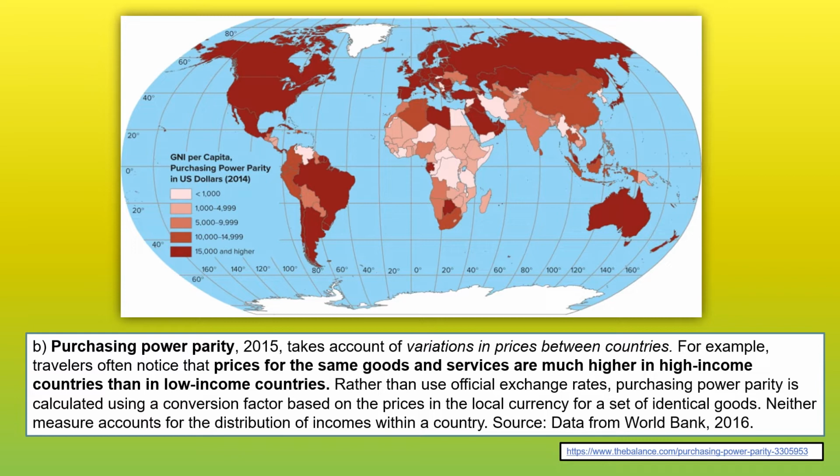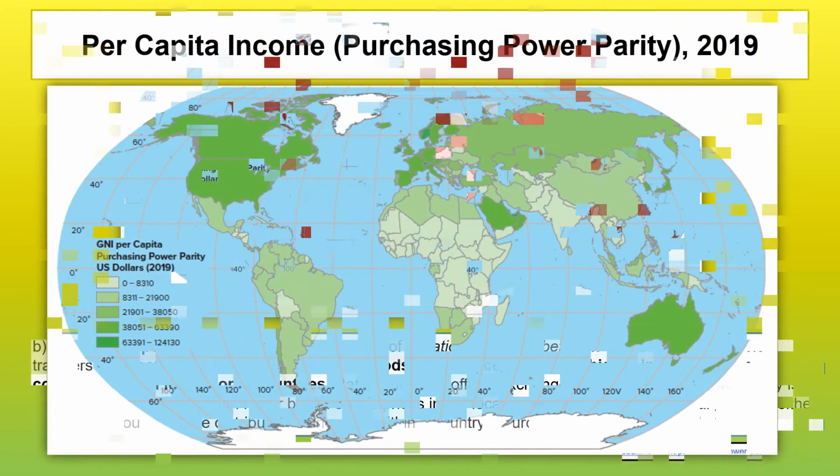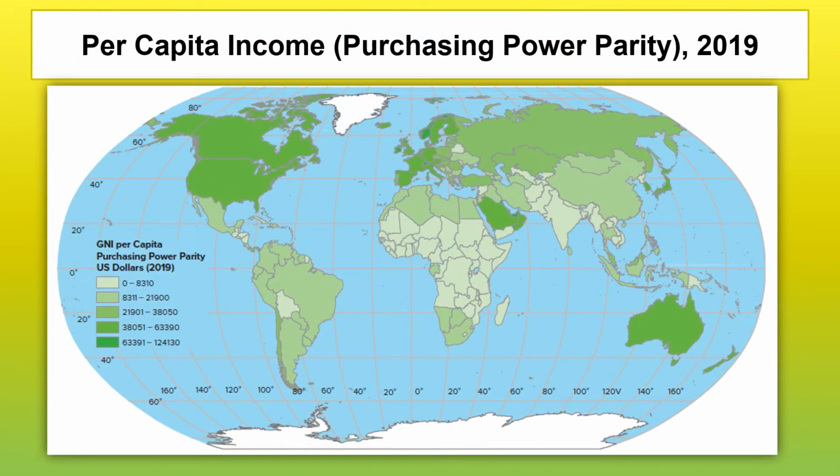In many areas in the less developed world, the cost of living is less. And here's an updated view on that. So here the distinction between developed and less developed would be a little more clear.